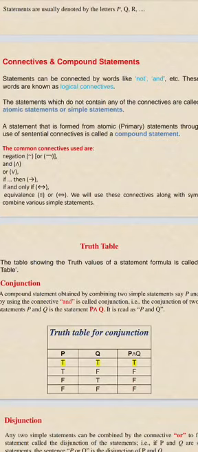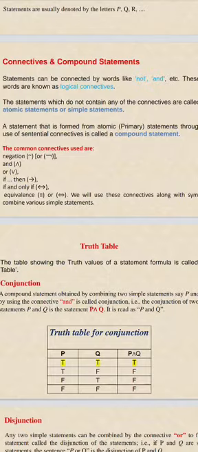Connectives and compound statements. Statements can be connected by words like not, and, or. These words are known as logical connectives. The statements which do not contain any of the connectives are called atomic statements or simple statements. Next is the compound statement.